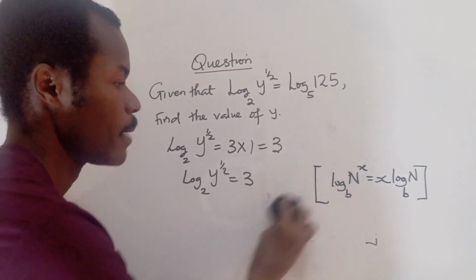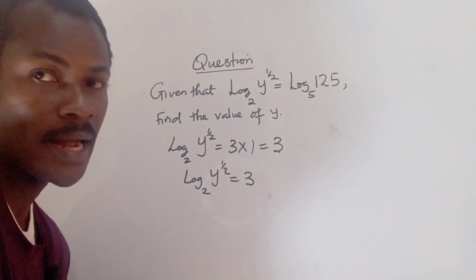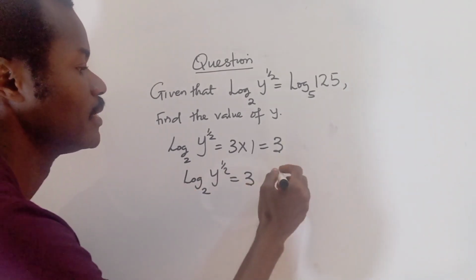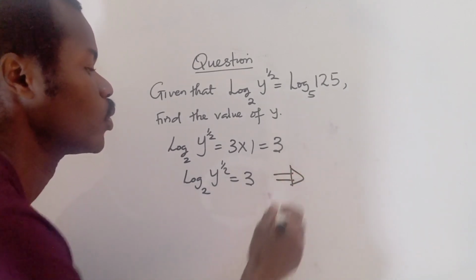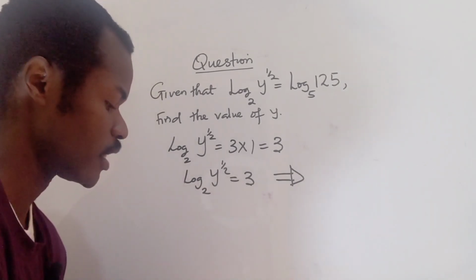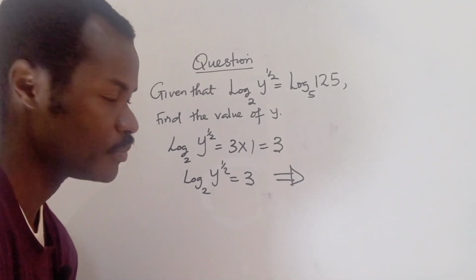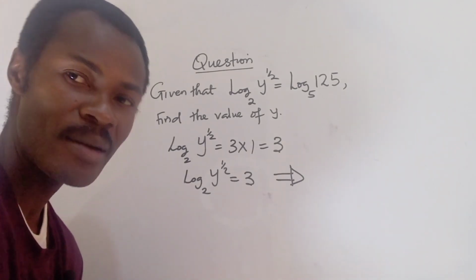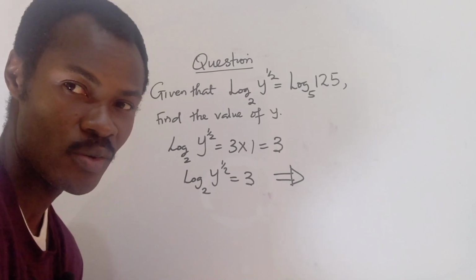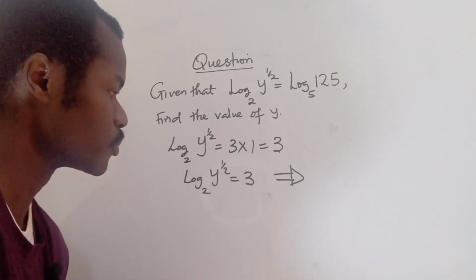Now at this point, what can we apply to be able to solve for y? We are simply going to change this to index form or exponential form. Remember, logarithm and indices have a family connection, such that you can change an index form to logarithm form and logarithm form to index.